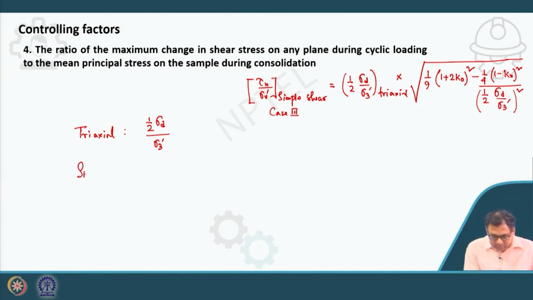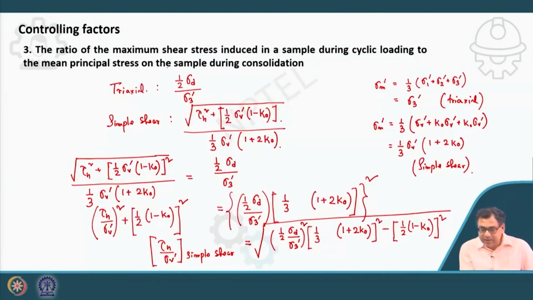Now for simple shear, this is the maximum change in shear stress, again on any plane. So it is not the maximum shear stress, it is the change in shear stress on any plane. The previous third one is the maximum shear stress on the sample. That's why I have taken tau max.